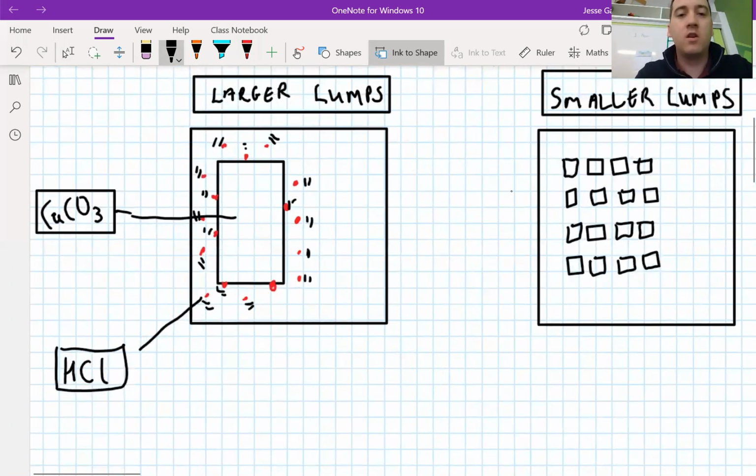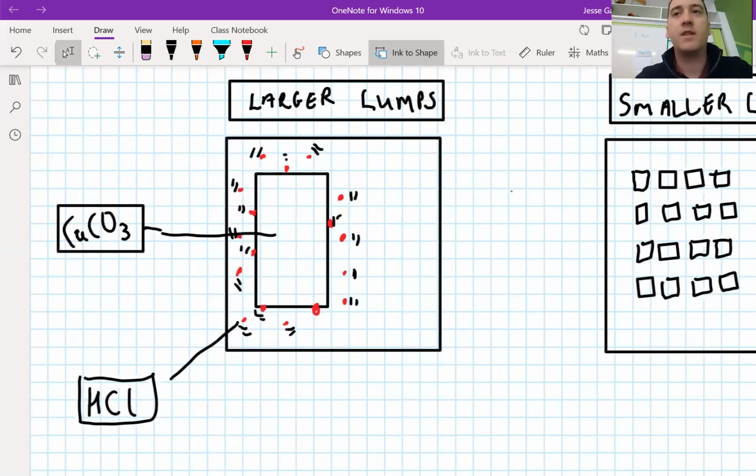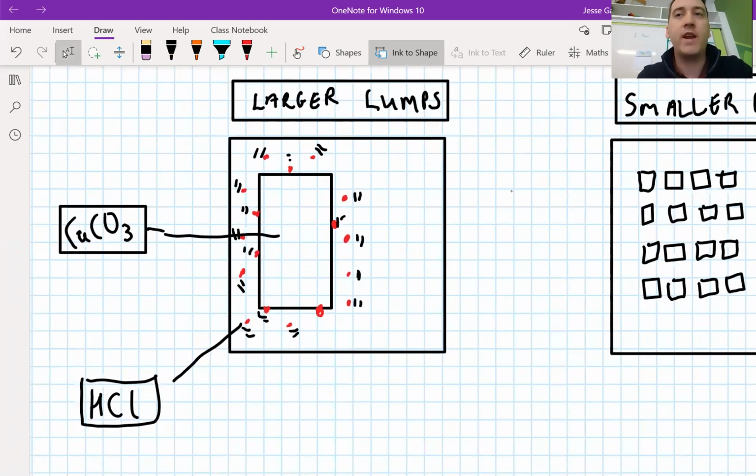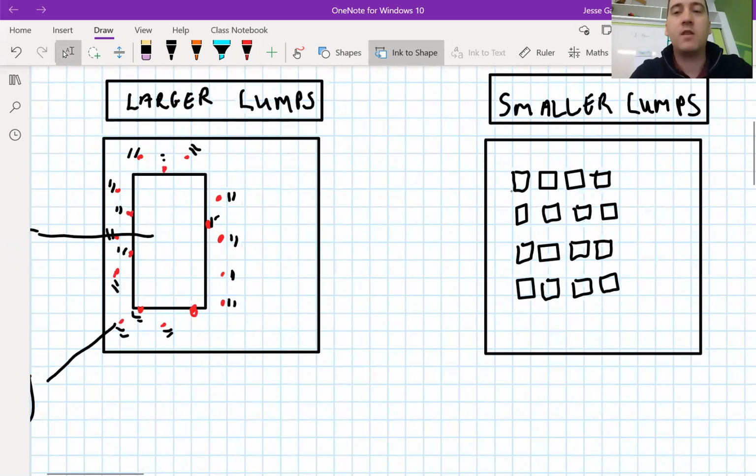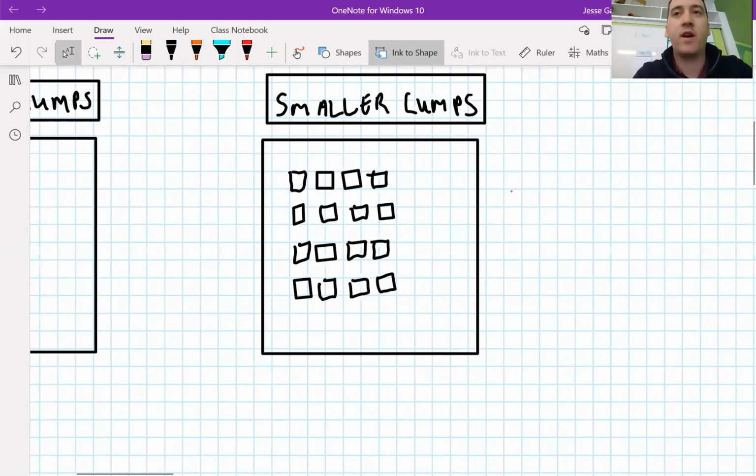Now, when we look at the larger lump, we can see that only the outer surface of this calcium carbonate chip or this lump is exposed to react with the hydrochloric acid. Only the outside bit, which means the calcium carbonate on the inside is not exposed. So reactions would not take place on the inside. They would only take place on the outside. The smaller lumps have a larger surface area.